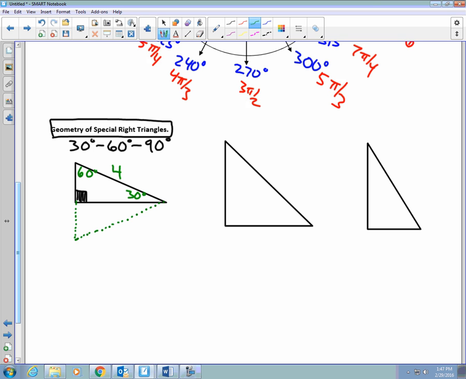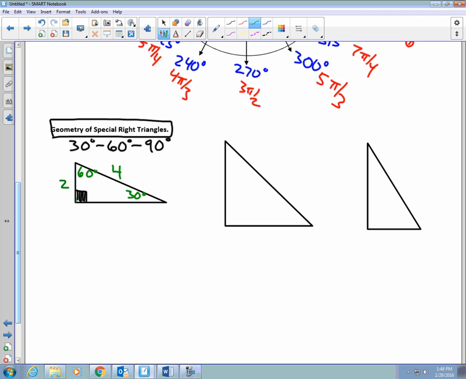And what do you know about an equilateral triangle? All the sides are the same. So if this side is 4, what is this smallest side going to be then? Because it's exactly half, isn't it? Do you remember what you do to the small side of a 30, 60, 90 triangle to get the hypotenuse?